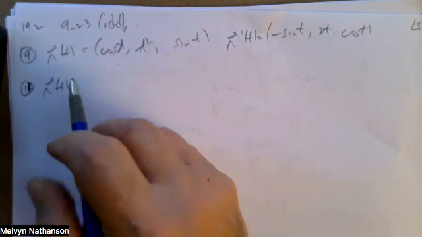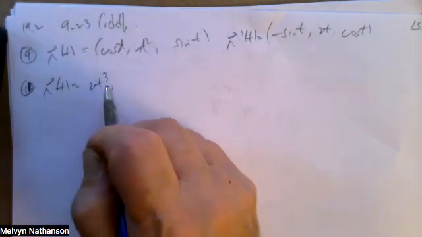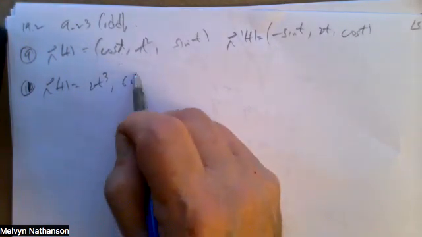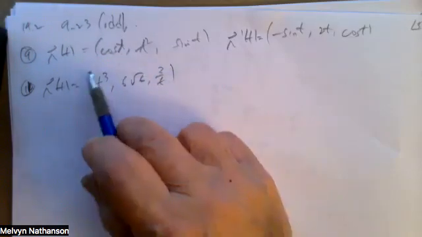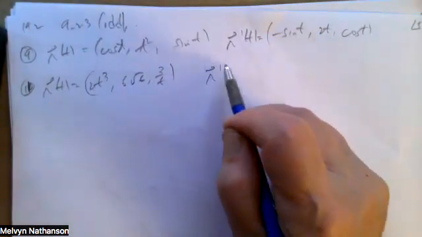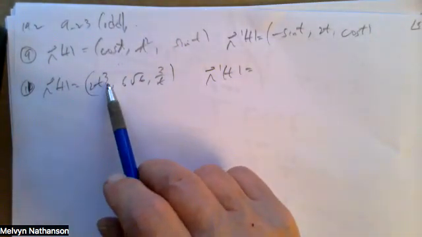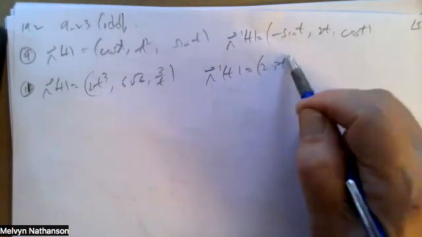Problem 11. r of t is 2t cubed, 6 square root of t, 3 over t. So r prime of t, the derivative of t cubed is 3t squared, so this is 2 times 3t squared.